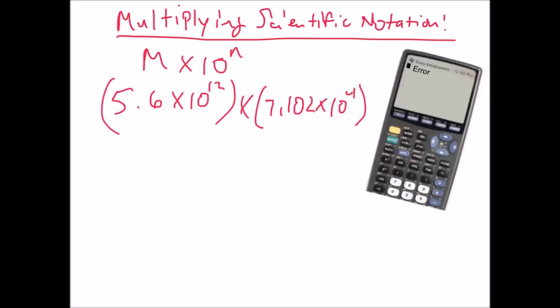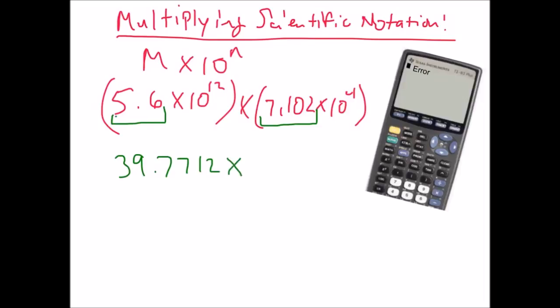The first thing that you're going to do is multiply the 5.6 by the 7.102. Okay, and when you do that, you're going to get 39.7712. Okay, so that's the multiplication part.